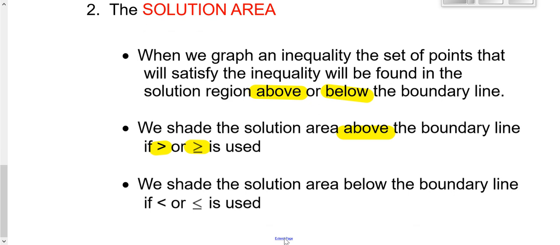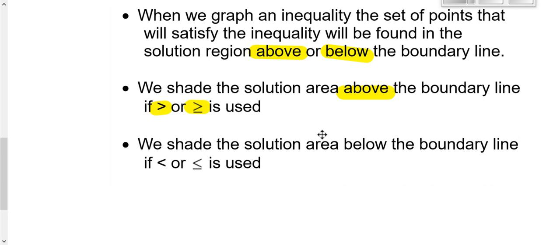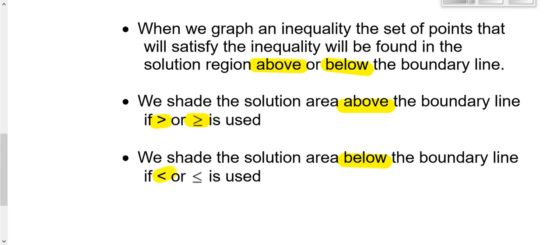Okay, and the second part of the solution would be shading below the boundary line. Again, the boundary line would either be a solid line or a dotted line. In that case, when you see a less than or equal to sign, so anything is less than the other one, then your solution is below.